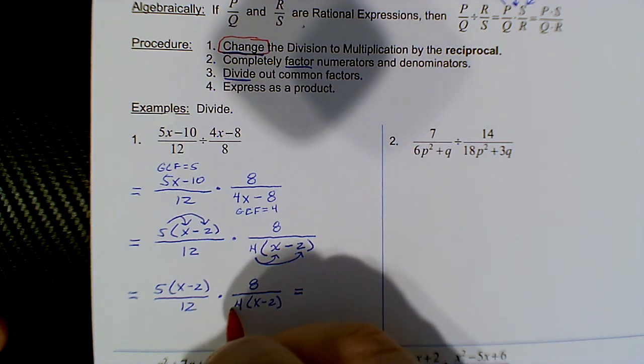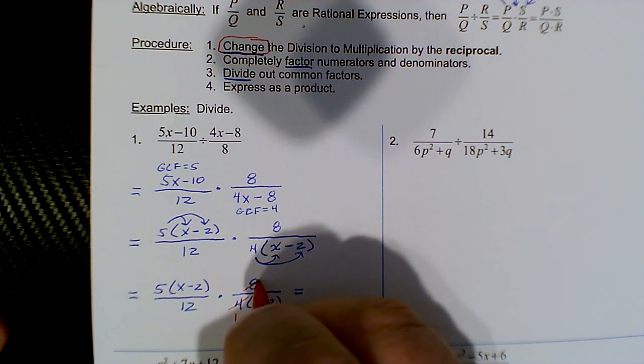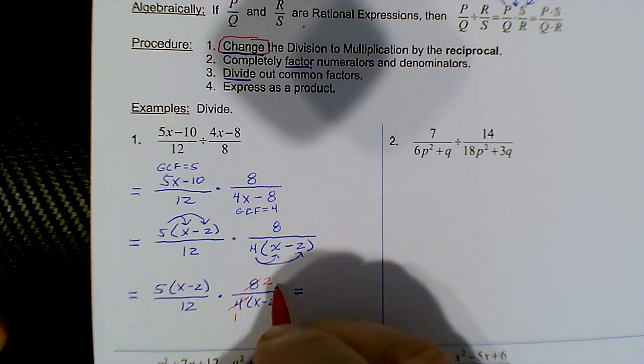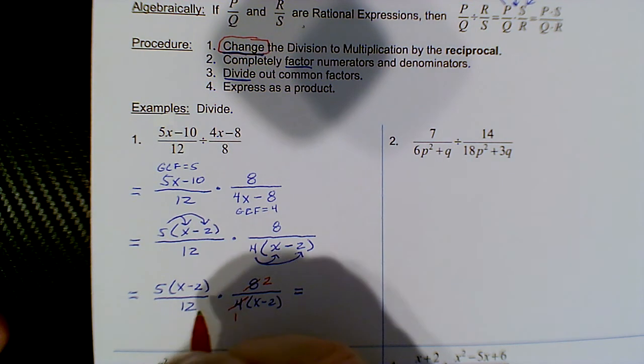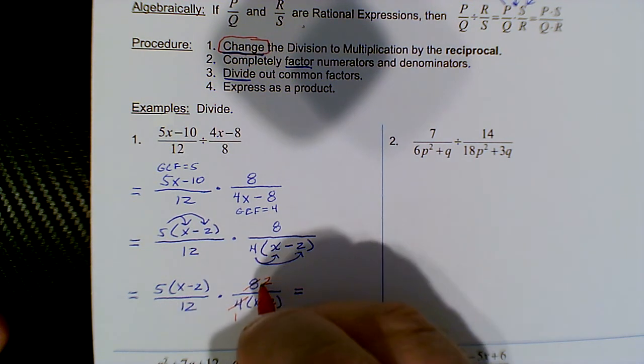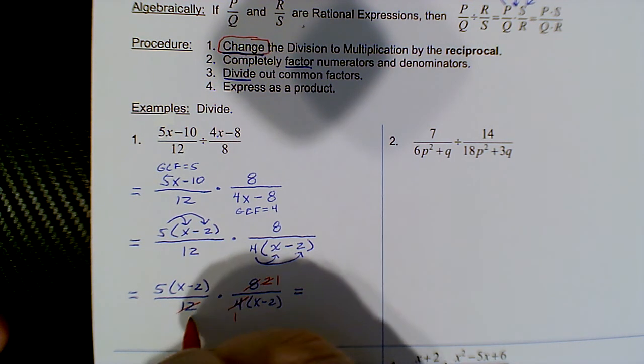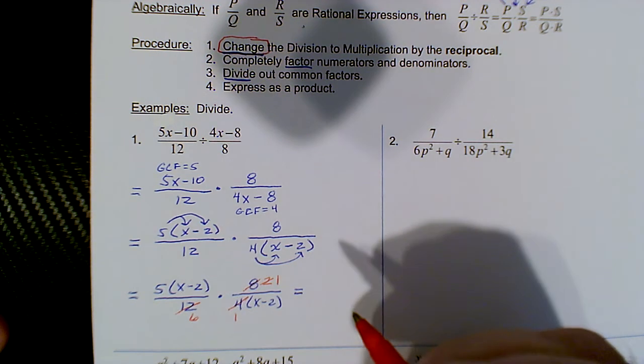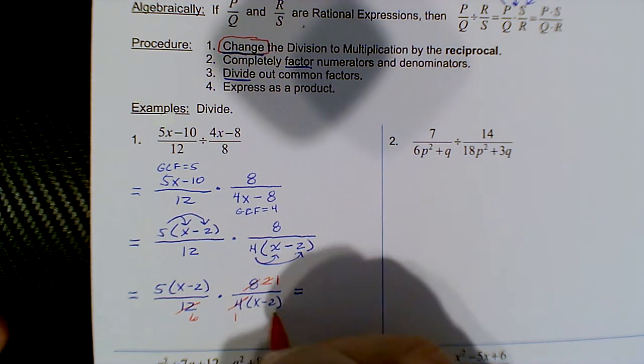Like maybe you'll notice this 4 divides into 8 2 times. So 4 goes into 4 once, 4 goes into 8 twice. But then the 2 and the 12 can be reduced. 2 goes into 2 once, into 12 6 times. I can't do anything with the 5, but the x minus 2's cancel.